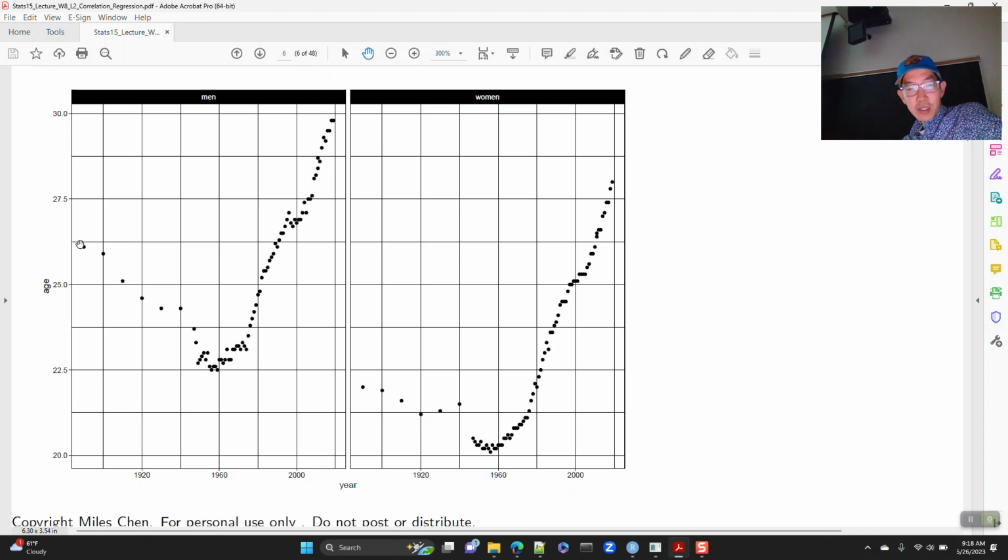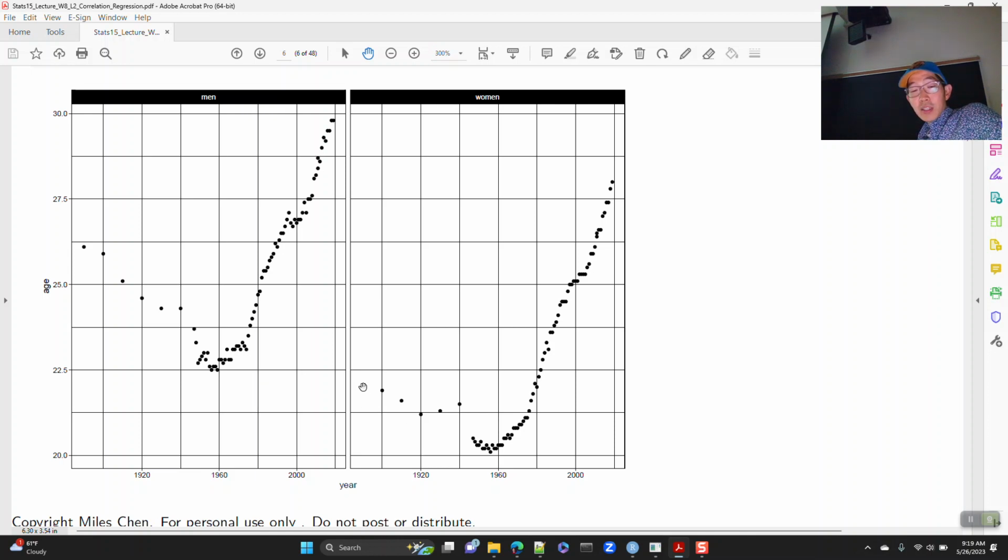And what we see is that from around 1890 to around 1960, there's a downward trend. In 1890, men's average age of first marriage is around 26, okay? And from 1890 to around 1960, men's average age of first marriage keeps going down. Similar kind of thing for women.